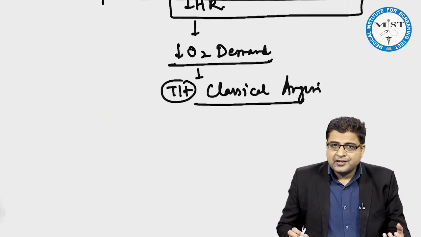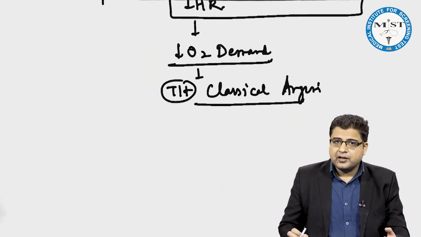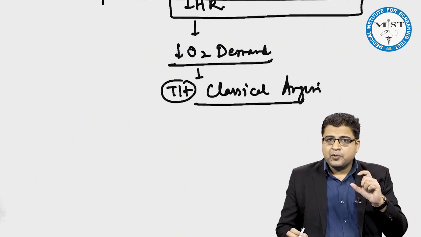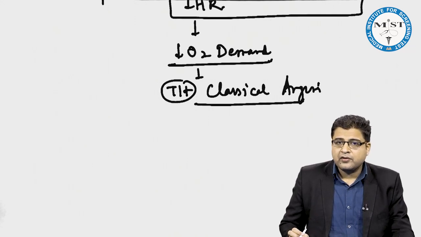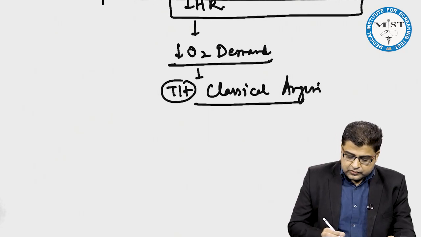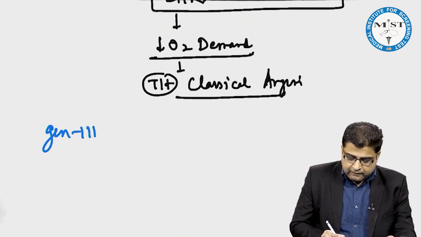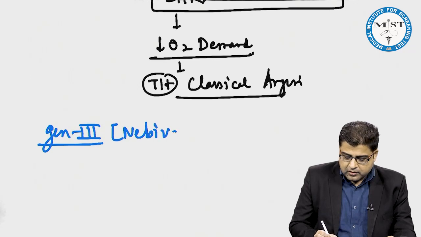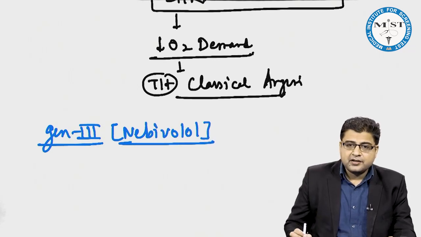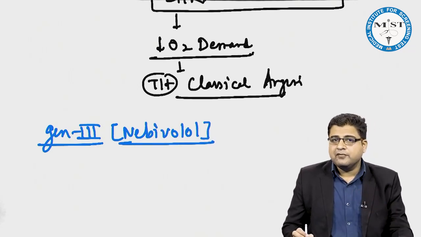Apart from classical angina, generation 3 medicines which have vasodilator property, this property can be used to dilate coronary vessels, and therefore generation 3 medicines can also be given for the treatment of vasospastic angina, right? So generation 3 medicines which have vasodilator property, for example nebivolol, which donates nitric oxide, and nitric oxide is a very good coronary vasodilator.